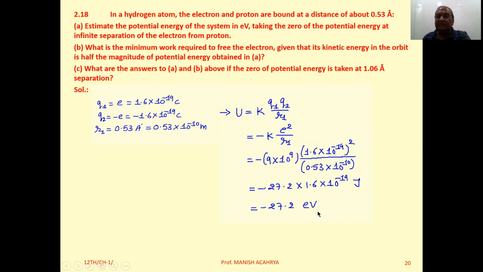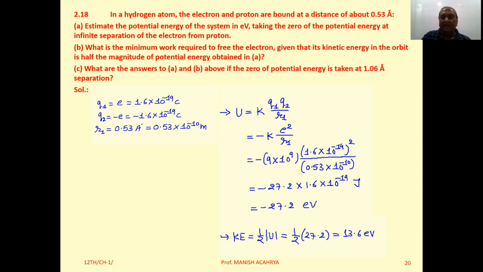Now, the kinetic energy in the orbit is half the magnitude of this potential energy, that is given to you. So kinetic energy is half of the magnitude of U. So half of 27.2 is equal to 13.6 electron volt.